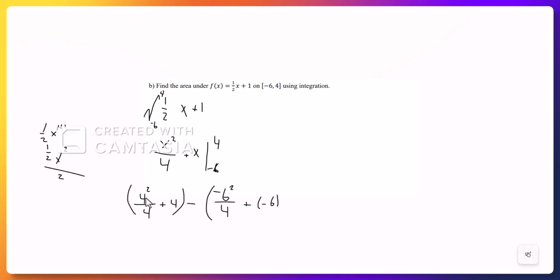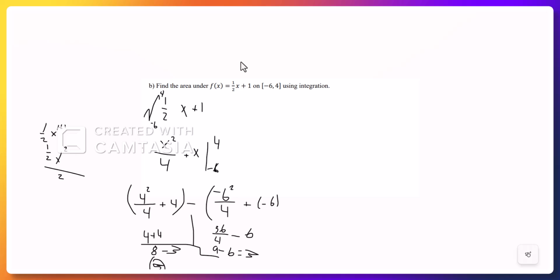So simplifying this, it's going to be 16 divided by 4, which is just 4, plus 4, which is 8. Then we're going to be subtracting it by 36 divided by 4 minus 6. 36 divided by 4 is 9, and this is going to be subtracted by 6, so this is going to be 3. When you add these two together, you're going to get 5. So this is the same answer as we had for the graph above.